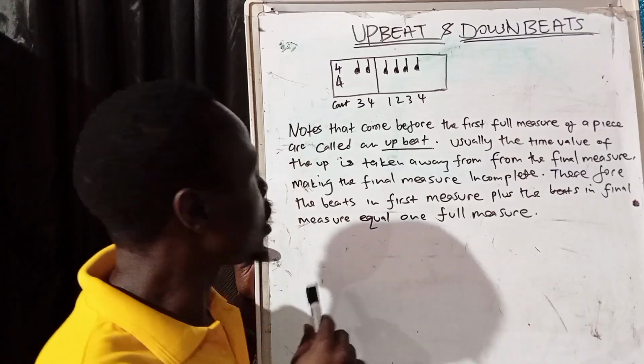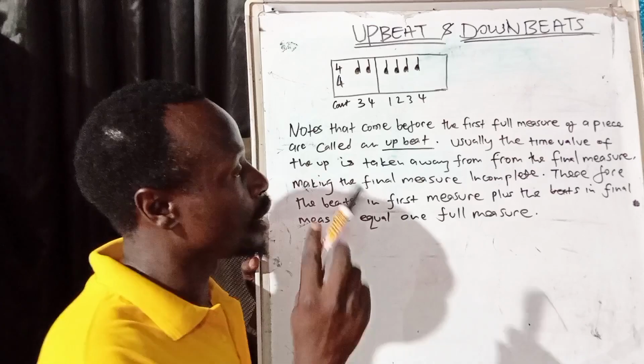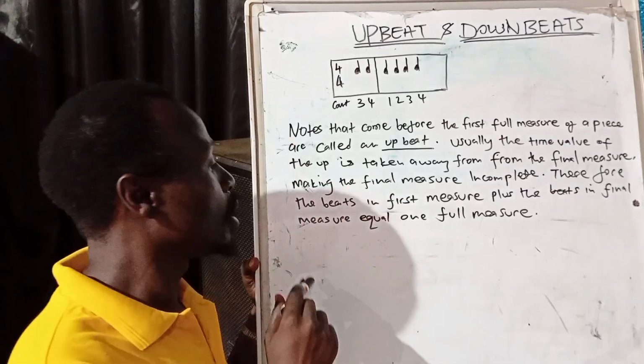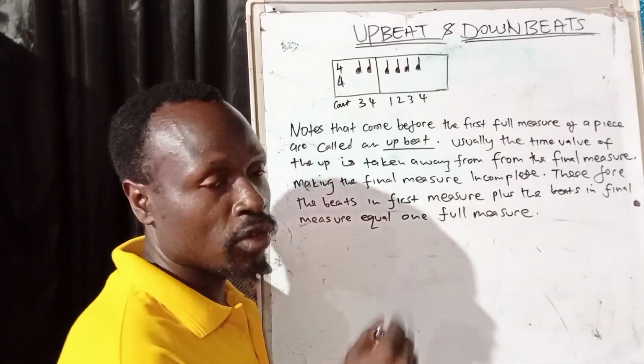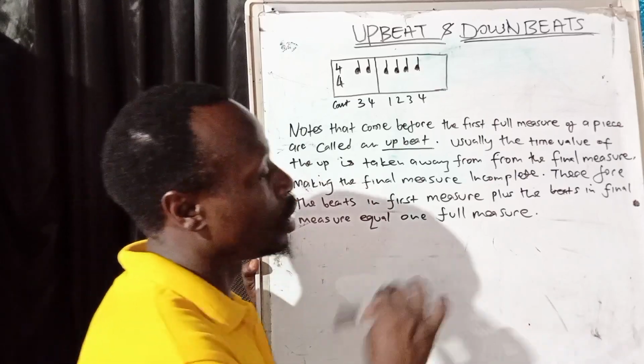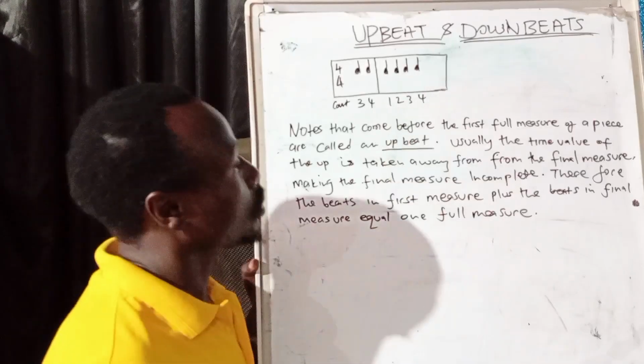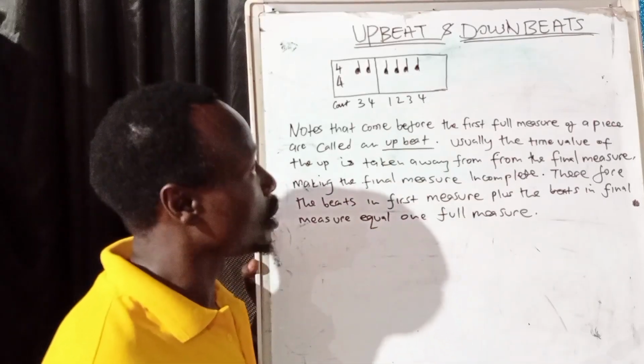Therefore the beats in the first measure plus the beats in the last or final measure equals 1 full measure. If you add them up all together, they will be equal to 1 full measure, like this one here. Okay, so that is an upbeat.